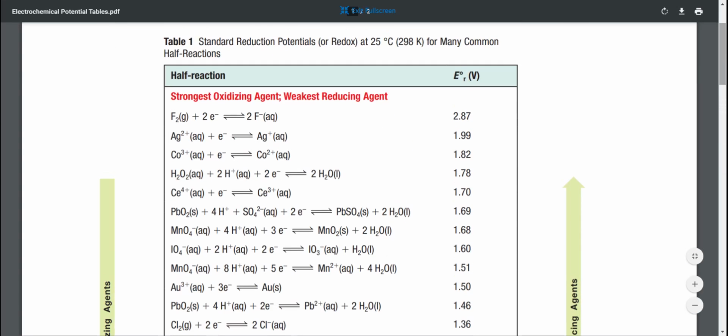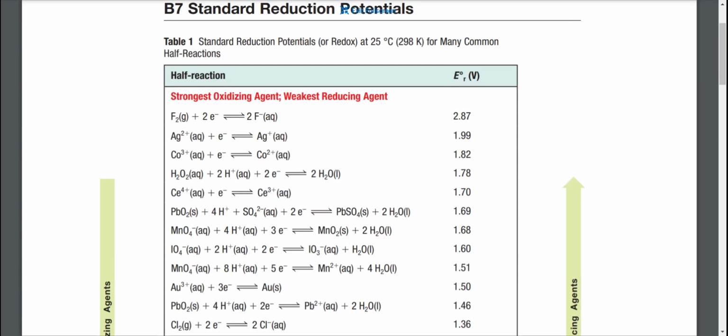Not surprisingly, we see elements like fluorine, molecules like hydrogen peroxide, and the permanganate ion. These all have very strong attraction for electrons, and as a result, when they gain electrons, they produce a relatively high amount of energy.